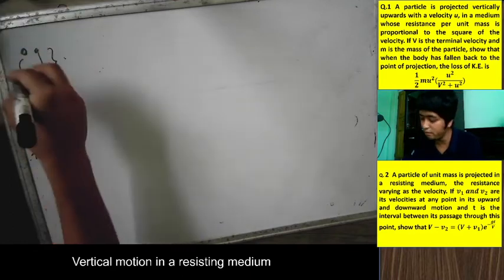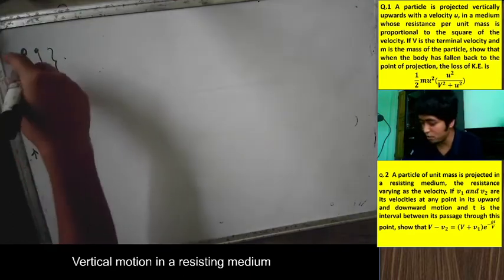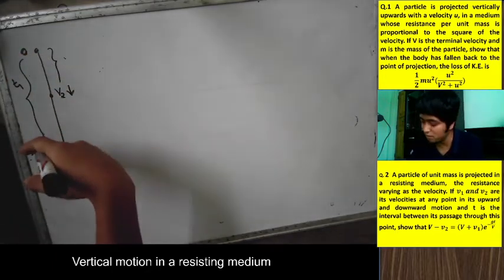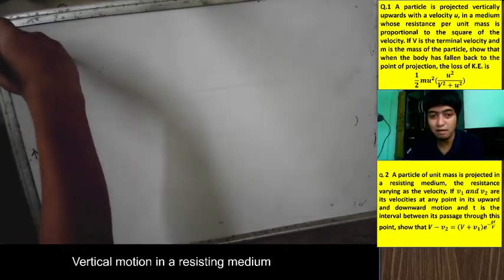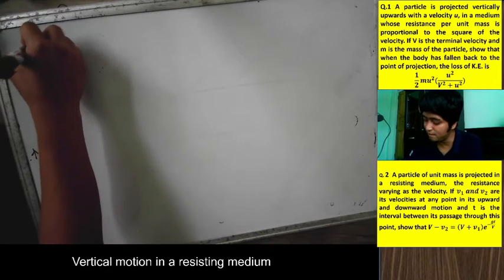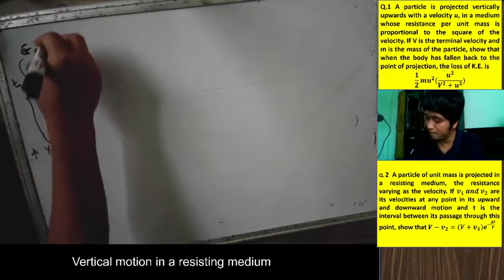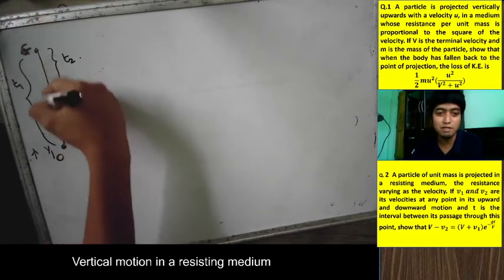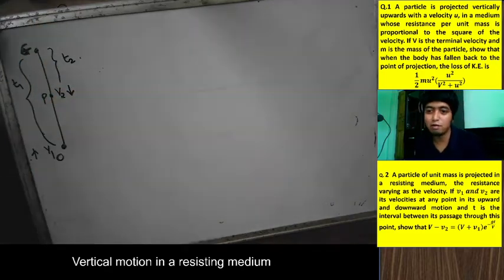Since for the upward motion we will consider the time to be t1, it takes time t1 to reach from this point to the greatest height g. And let t2 be the time taken from g to p in the downward motion. So this is what we will be doing.